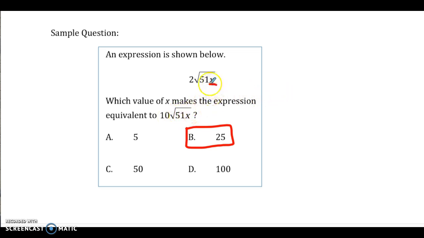Which tells me that I had to pull out a factor of what? I had to pull out a factor of 5, okay, from inside the radicand. So what number is going to give me a factor of 5 coming out of that radicand? That number is going to be 25. When I take the square root of 25, that gives me 5.